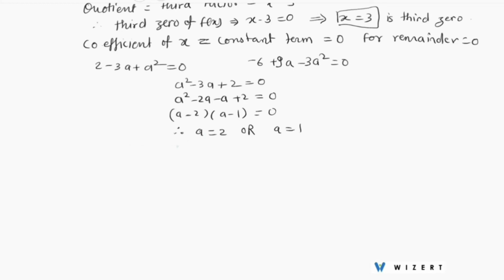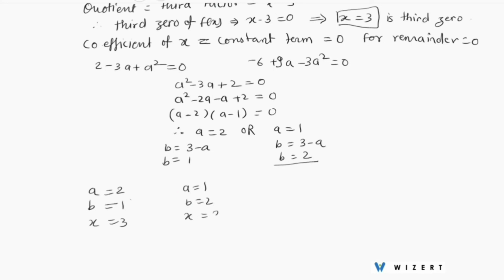Now in case a is equal to 2, we get b equal to 3 minus a equal to 1, and in case a is equal to 1, we get b equal to 3 minus a, so b equal to 2. So we get a equal to 2, b equal to 1, and third zero equal to 3, x equal to 3, or else we get a equal to 1, b equal to 2, and third zero, that is x equal to 3.